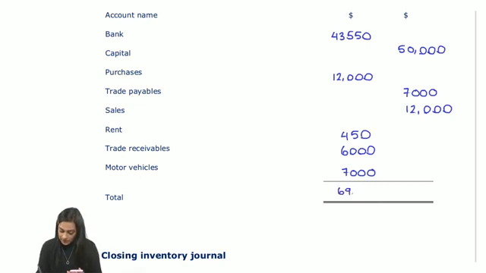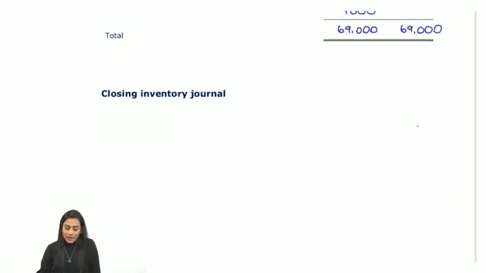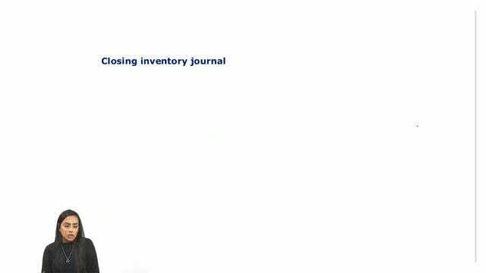So both of these, 69,000. Okay. So there you have it, your trial balance balances. And before we start producing the income statement and the balance sheet for George, we need to do one extra step known as the closing inventory journal.